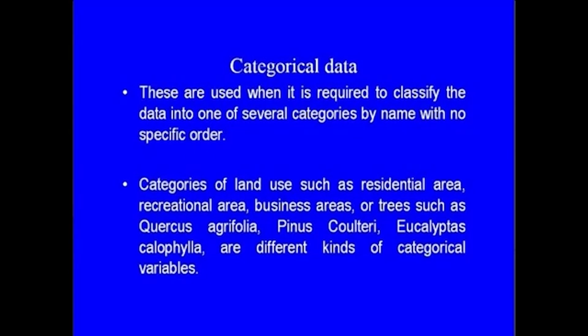A very typical example could be categories of land use into residential area, recreational area, business area, or a representation of tree categories such as Quercus agrifolia, Pinus coulteri, Eucalyptus, Calophyllum.